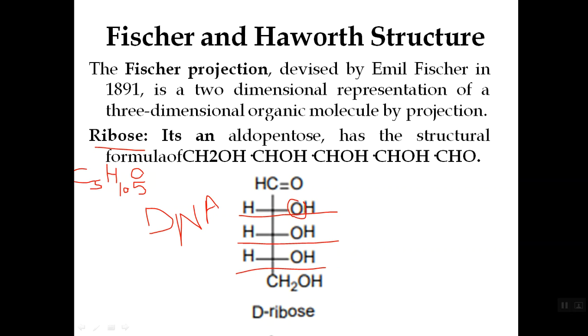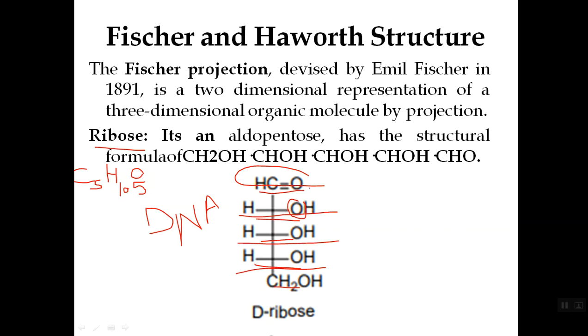Here it has the structural formula. In a Fischer projection, the carbonyl groups like CHO and CO will be placed either at C1 position or at C2 position. The ribose has the structural formula CH2OH, CHOH, CHOH, CHOH and then CHO.